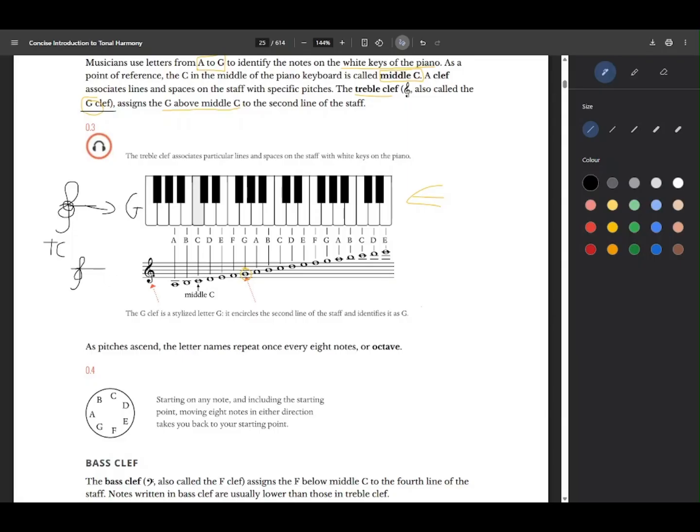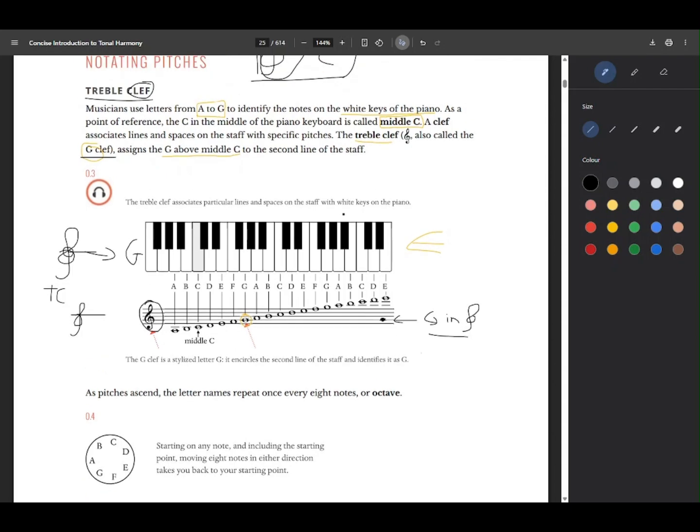Well, this line, if you squint even harder here, runs through the kind of swirl of our G clef, and that is where we have our G. You can do this every time, or you can associate this clef here, our treble clef, with this G being on the second line of our staff. So G is always going to be, this is always going to be G when we're in our treble clef. Always.